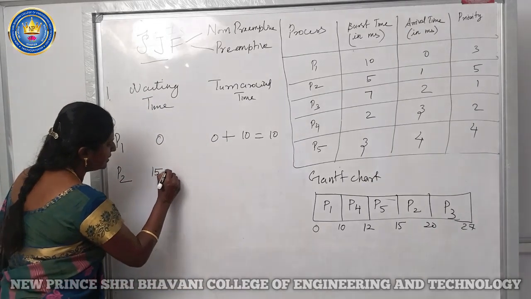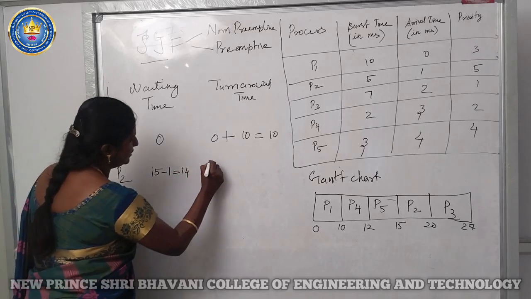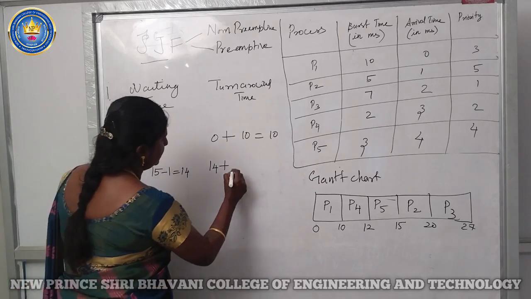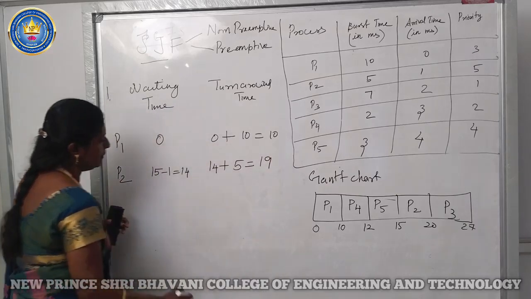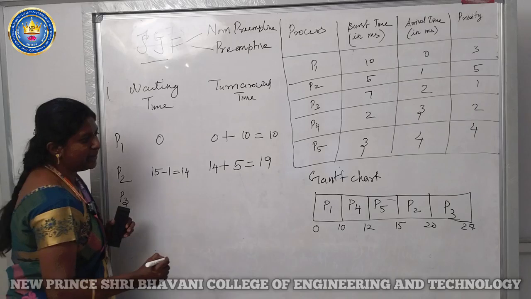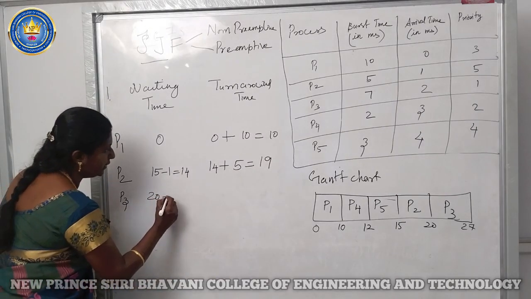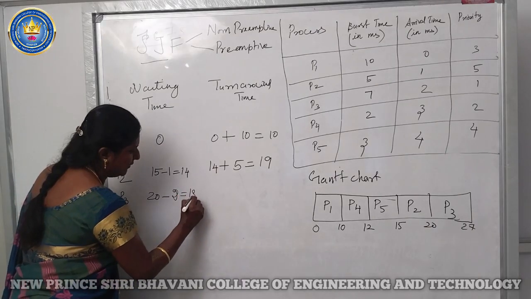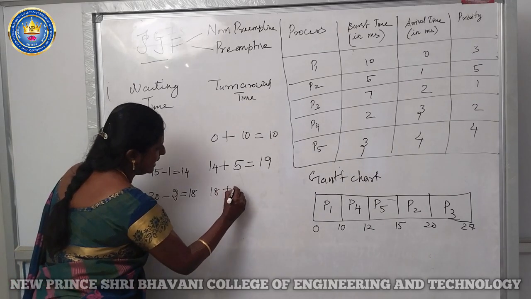So 15 minus 1 is 14 waiting time, and turnaround time is 14 plus 5, so 19. For process P3, we allocated the CPU at the 20th millisecond. So 20 minus the arrival time 2, waiting time is 18, and then 18 plus 7, here 25.